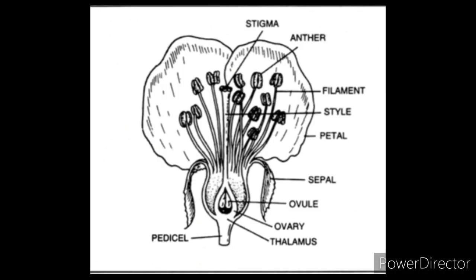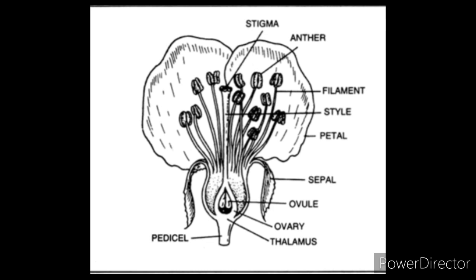The third part is called the androecium, which is present inside the corolla and contains units called stamens or microsporophylls, which produce microspores or pollen grains.